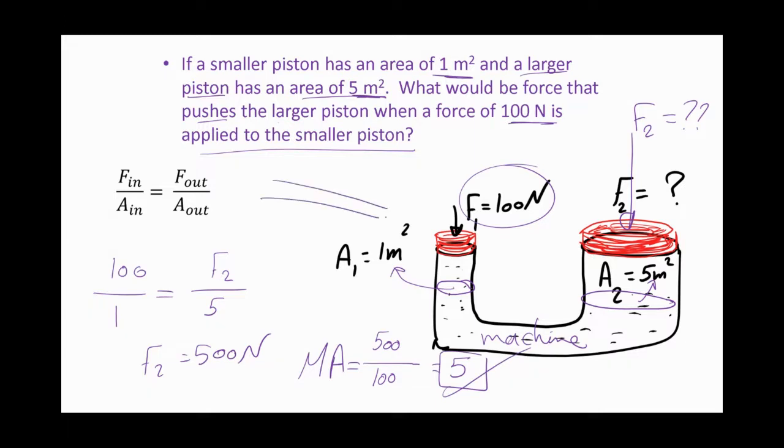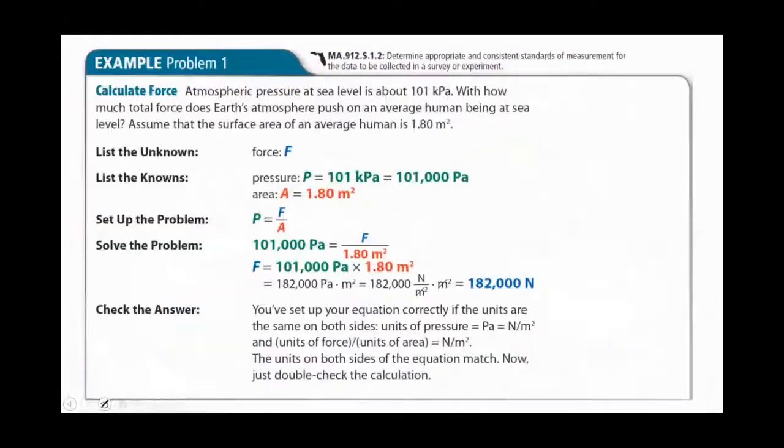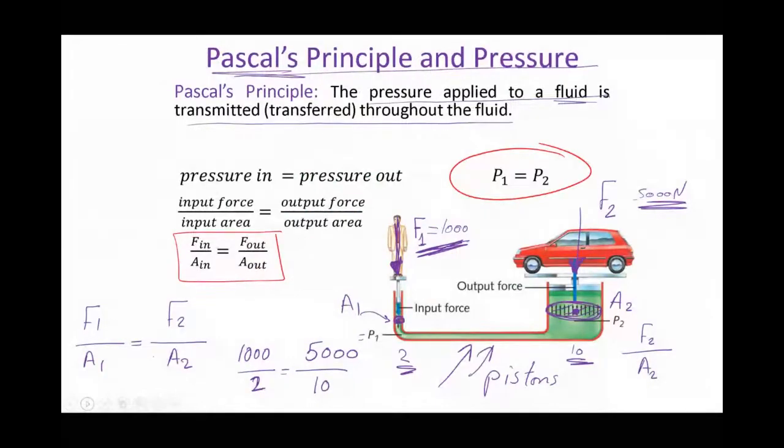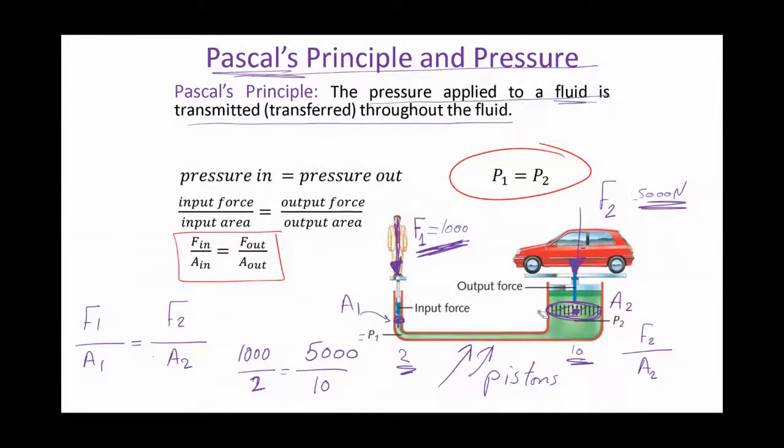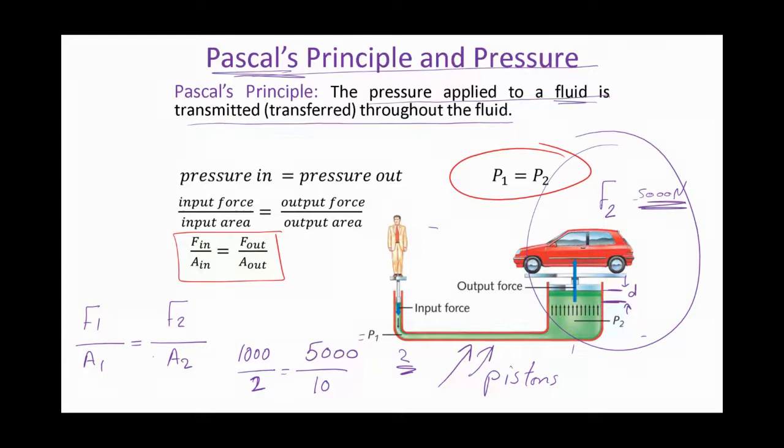Can this machine increase work, by the way? Can it increase work? Of course not. Okay, so the machine cannot increase the work. So if you want to lift this car upward a certain distance d, the work done on this side is the weight of the car, we call it the force F2, times the distance d.